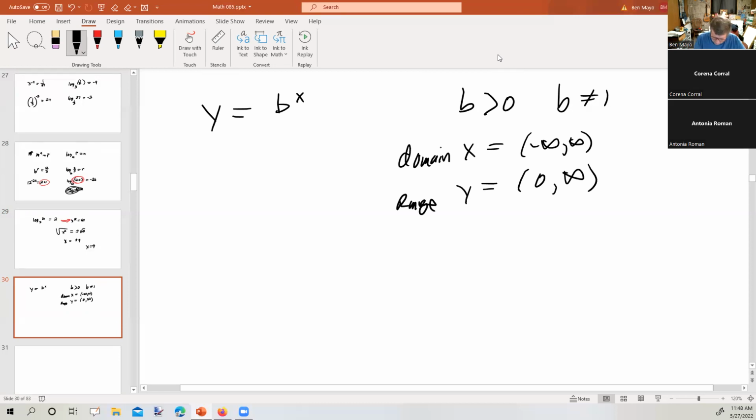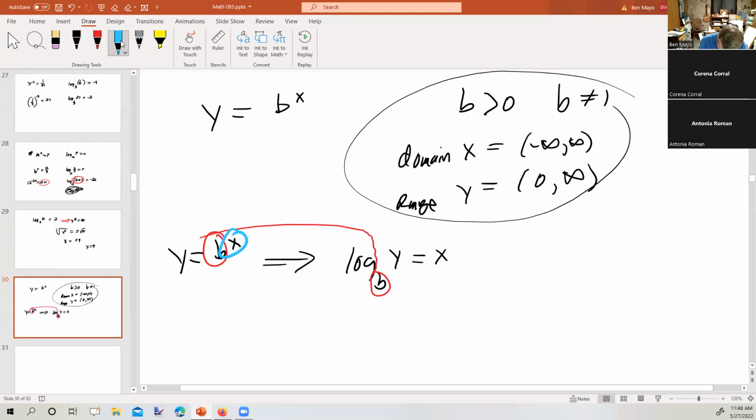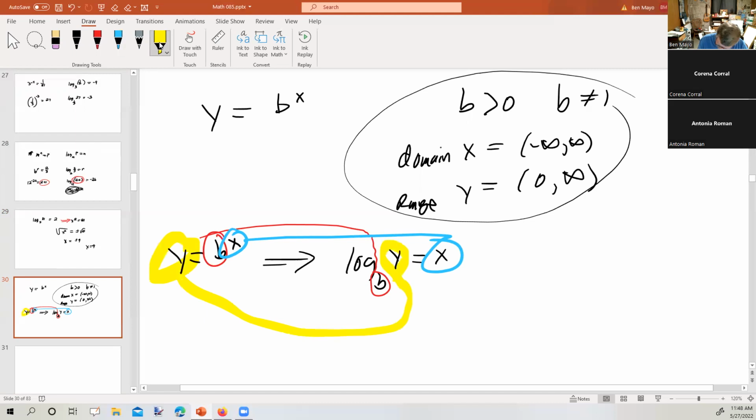Now, if we take y equals b to the x, it has all of these conditions imposed on it. If we rewrite that as log base b of y equals x, this b is the same as that b, this x is the same as that x, and this y is the same as this y.